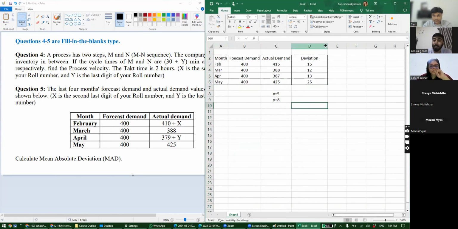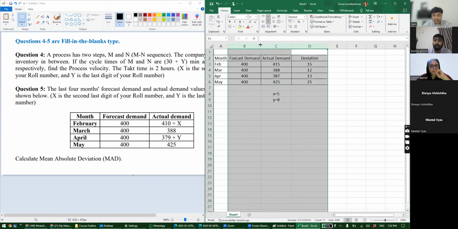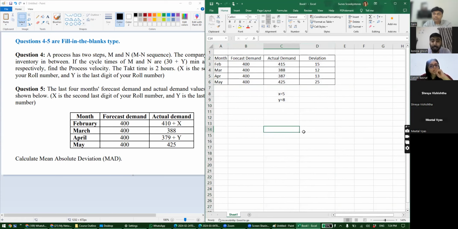So what have we done? The maths over here is basically nothing. We are just subtracting, either the forecast demand minus the actual demand or the actual demand minus the forecast demand.